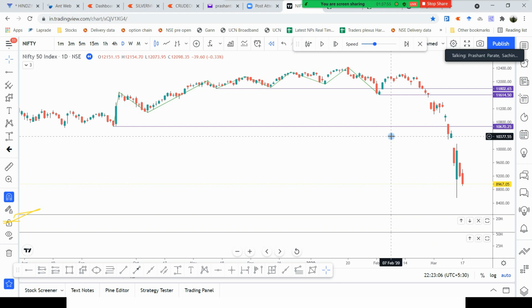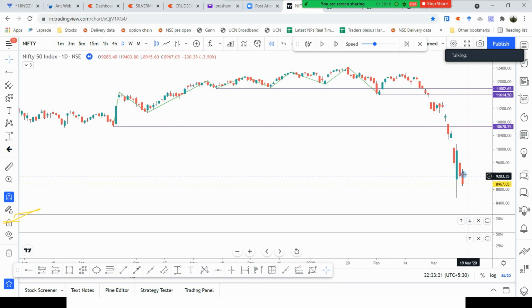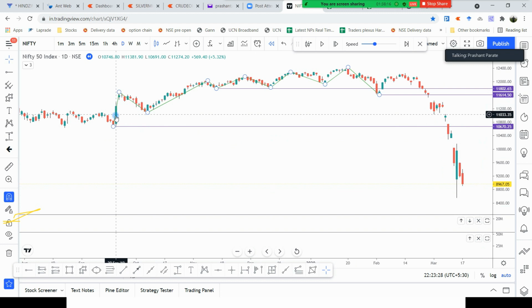We must understand what kind of people are trading. There are trend followers, there are contrarian traders, and there are value investors. Value investors always start buying in weakness, and they always start selling in strength. So some of the value investors must have seen that this is a very nice candle, and they started selling here.